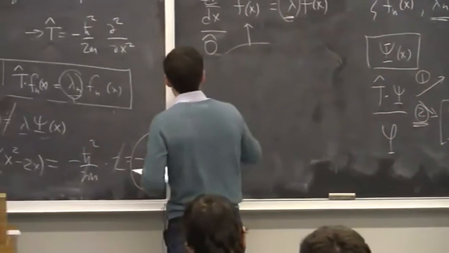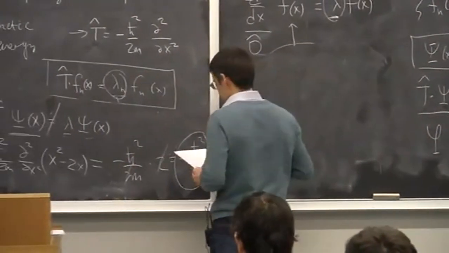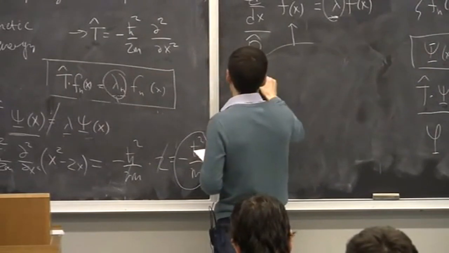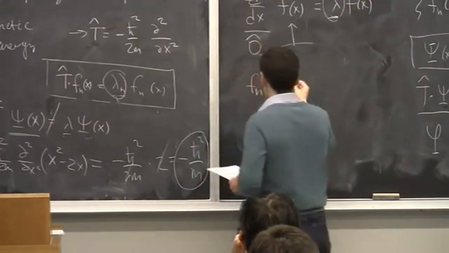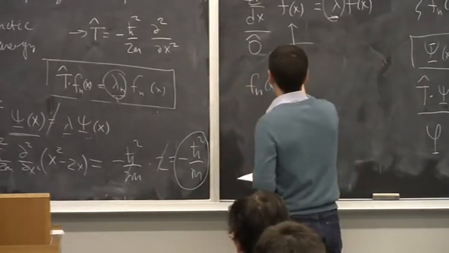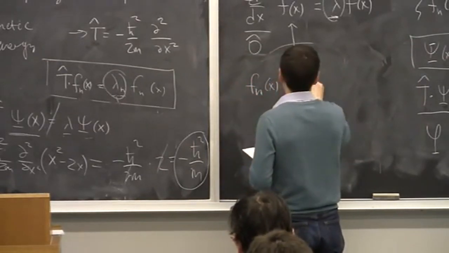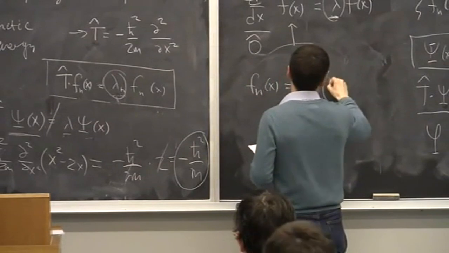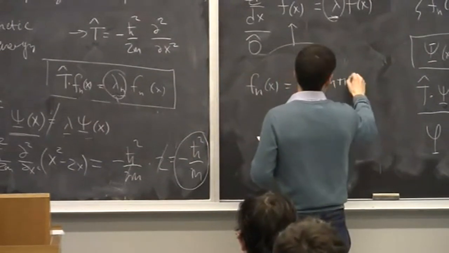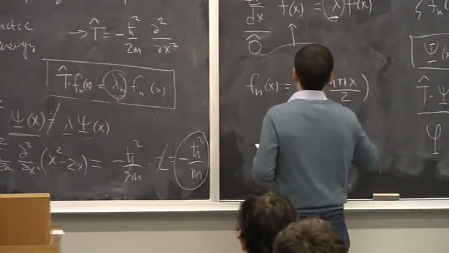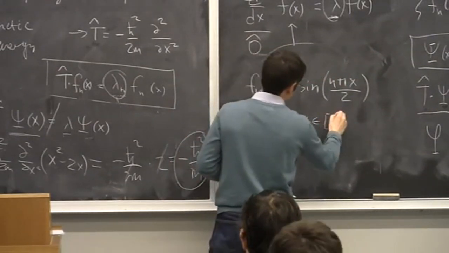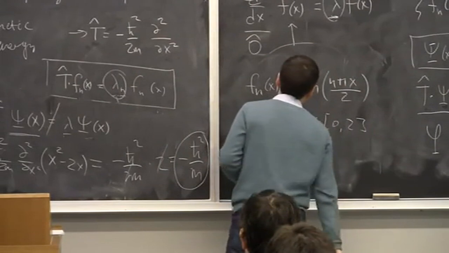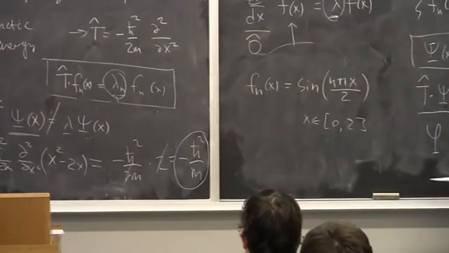Now, for the kinetic energy operator, I want to say that the eigenfunctions F_n of the kinetic energy operator are given by such an expression, where x, again, is in the range from 0 to 2. Okay?